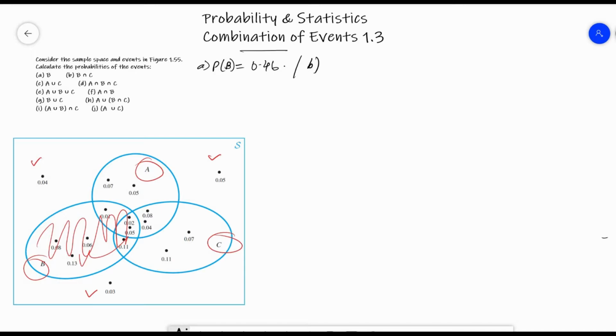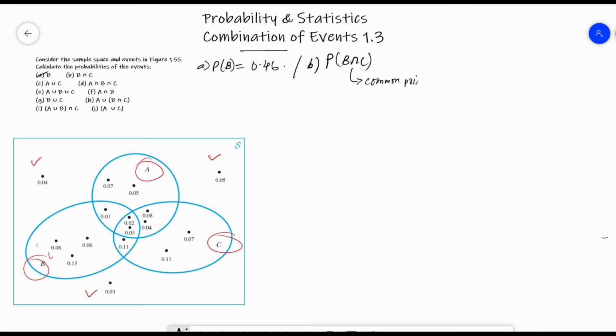Now moving on to number B. In number B, we have been asked to find out the probability of B intersection C. Let me rub this one for you first. Alright, now for this one, intersection means the common points between the two events.